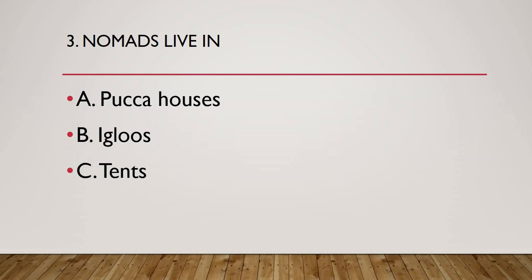So nomads are the people who change their house again and again because of their needs, their work, and their animal pastures, etc. For a variety of reasons, they keep on changing their house.